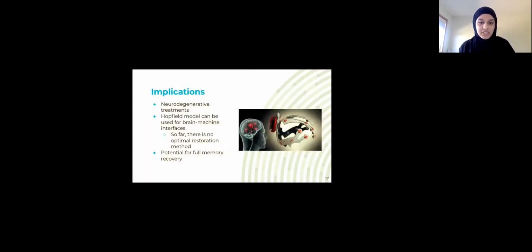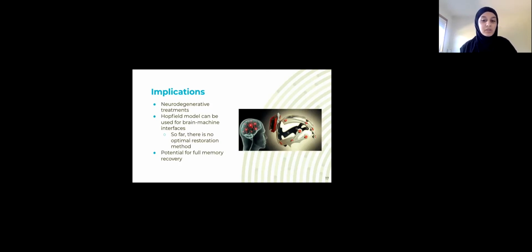Some implications, on the other hand: the success of storing memories in the Hopfield model and the further development of memory retrieval has prospective implications for neurodegenerative treatments and different diseases like Alzheimer's, Parkinson's, and dementia.